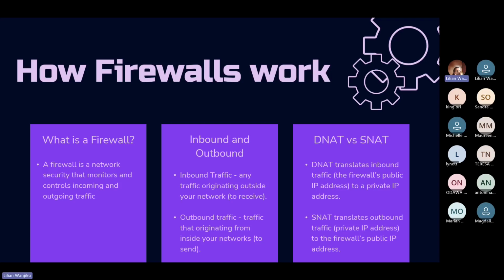So let's give a simple explanation using WhatsApp. In the situation of WhatsApp, when you receive a message from someone, that is inbound traffic. That is a brief portrayal of inbound and outbound. And when you yourself send a message, it's outbound traffic. So outbound traffic is traffic originating inside your network.